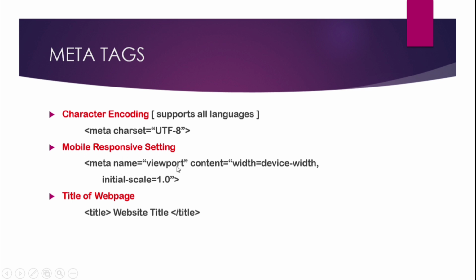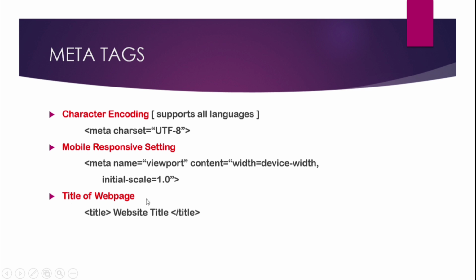It is the setting that we use for the viewport. Here we are mentioning the content width is device width. So whatever the width of the device that you are using, like the laptop or the mobile phone, that width will be taken into consideration when we are viewing the website. That is done by using the mobile responsive setting that we have here. Then we have the title of the web page.